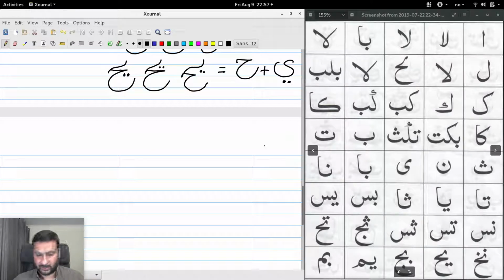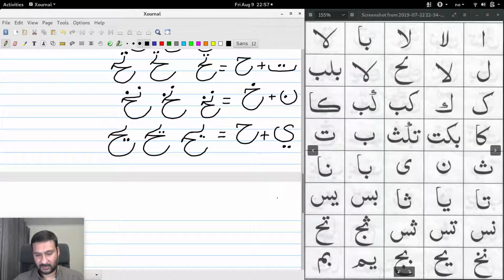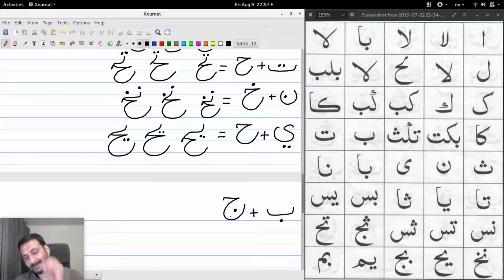another interesting word, which is ba jim. So let me show some constructs here. Okay, so ba plus jim. Notice ba has the dot beneath it and jim has the dot inside it. Okay, one dot. So when we join them, this becomes ba, and then you can make it like so.